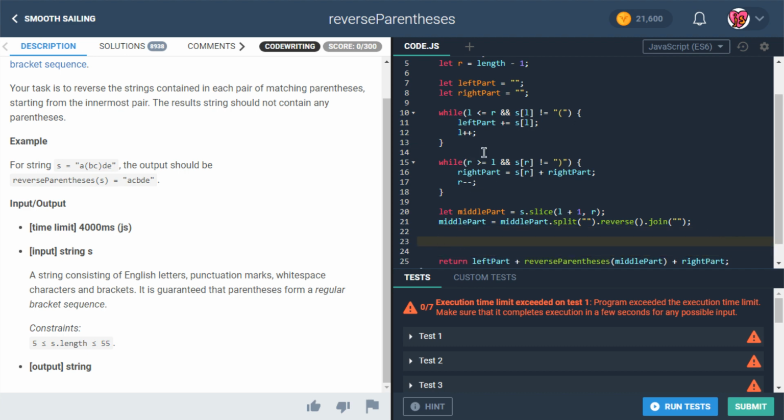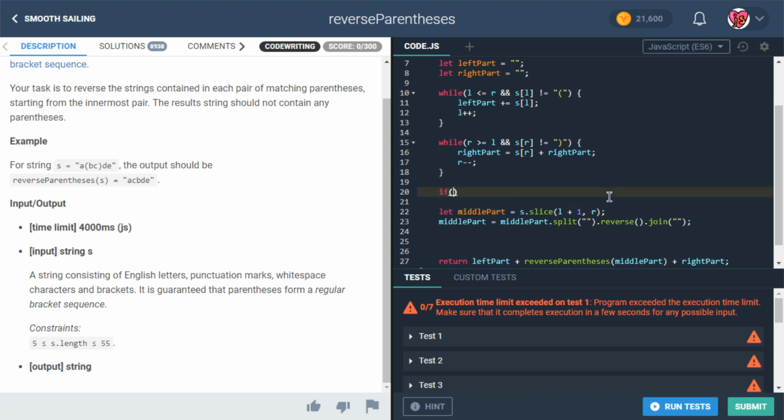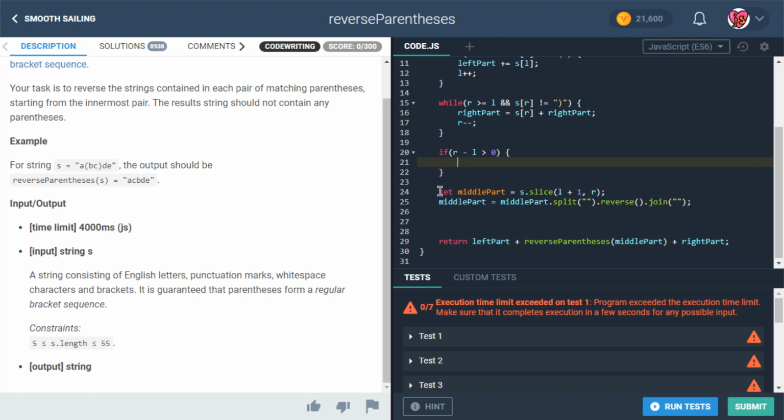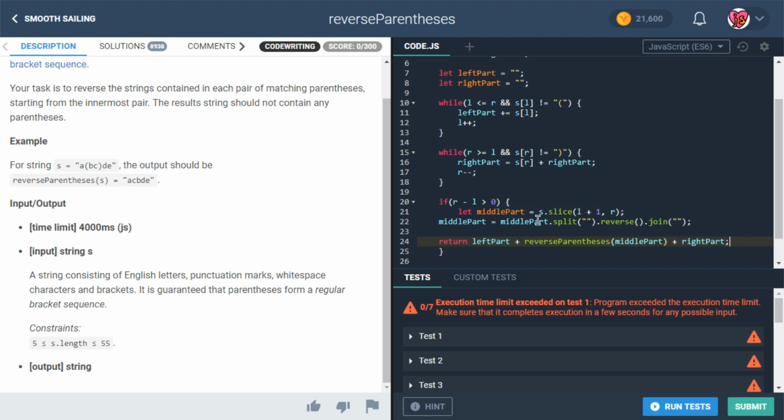Well, basically, if L and R have met each other, then we don't really need this middle part business. So basically, we'll just say if R minus L is greater than 0, so if there is some part in the middle here, if L and R haven't met yet, then under that circumstance, we'll do this stuff. Okay, great.